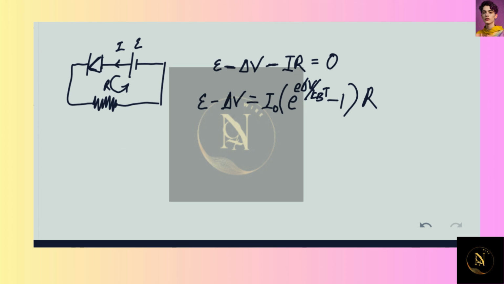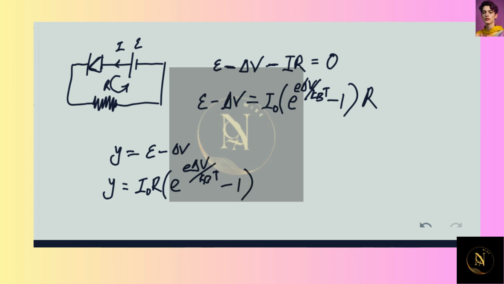So I'm going to plot y equals epsilon minus delta V, and we also want to plot another one, y equals I naught R times (e to the power of e delta V over kBT minus 1). One is an exponentially increasing graph, and the other is just a straight line, y equals C minus x, something like that.